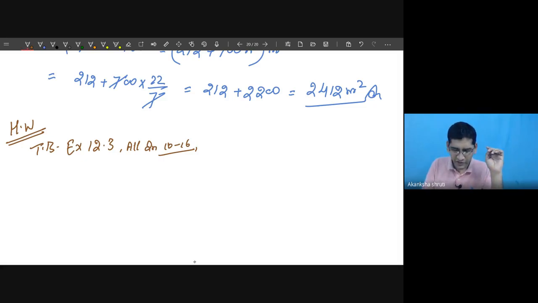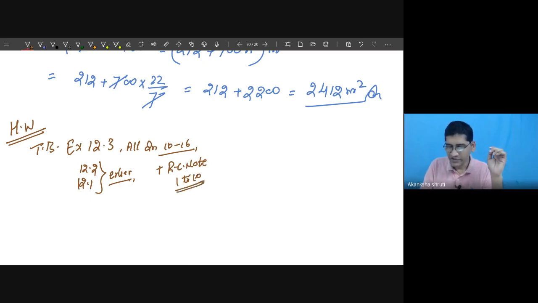And I hope you people might have already finished the 12.2 and 12.1 homework. These were the earlier ones, so only these 6 questions. You people please do our notes. In that I have selected questions from the previous year. It is in that note. Question number 1 to 10, please do. Please try to do these 16 questions.